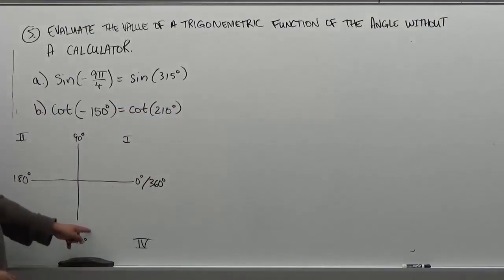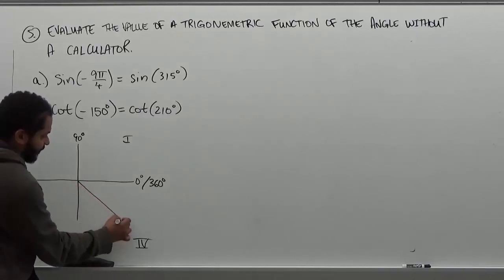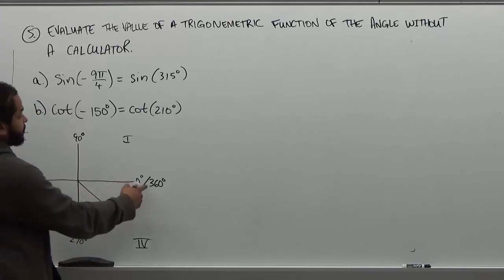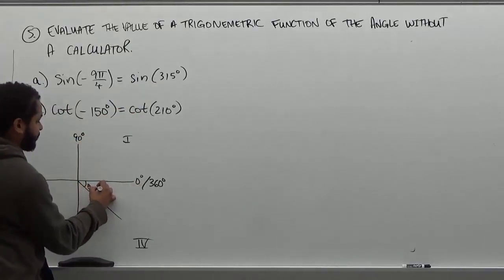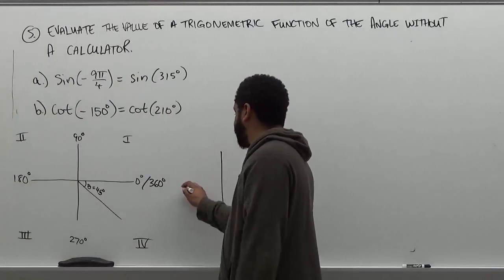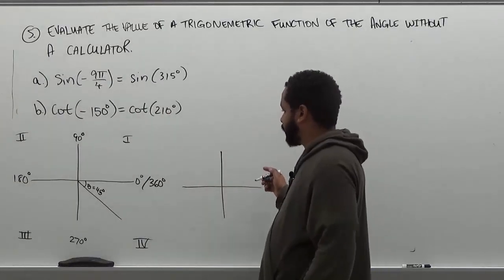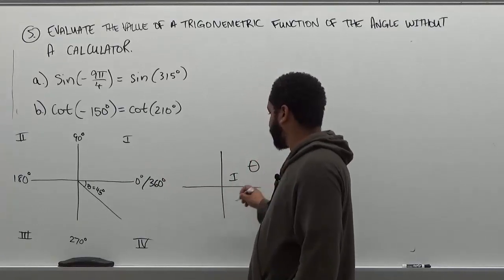Now we know 315 degrees lies in the fourth quadrant. It's somewhere over here. And that makes a 45-degree angle between 360 and 315. So our reference angle here, the theta, becomes 45 degrees. Another way to solve this is to use the points of reference angles for these quadrants. When you're in quadrant 1, you just take the value of theta.